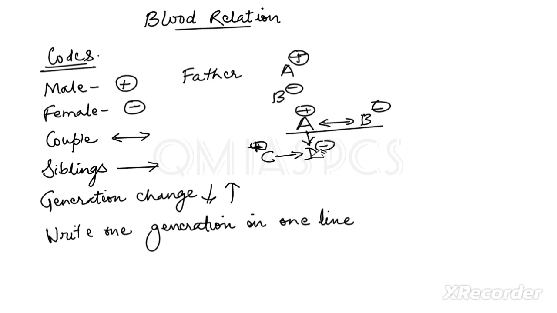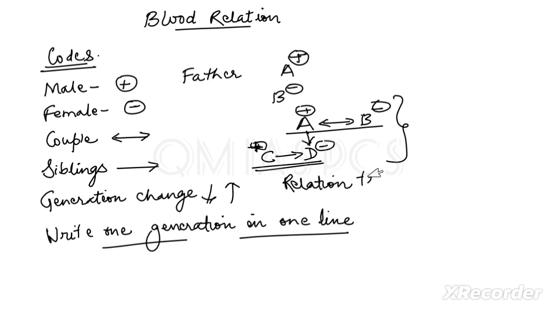Okay, after generation change, this is the second generation, so we have written in the second line. Okay, so like that, whatever it is given, we have to write according to that one. So always remember, we have to write one generation in one line. It's very, very important. Okay, and this representation is called relation tree.